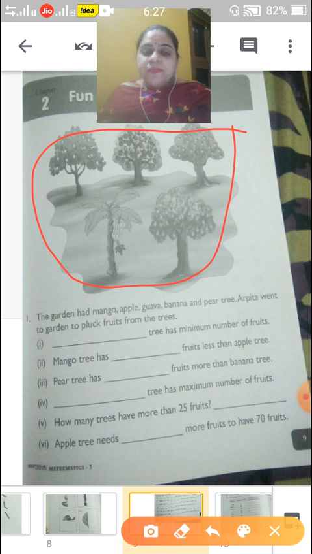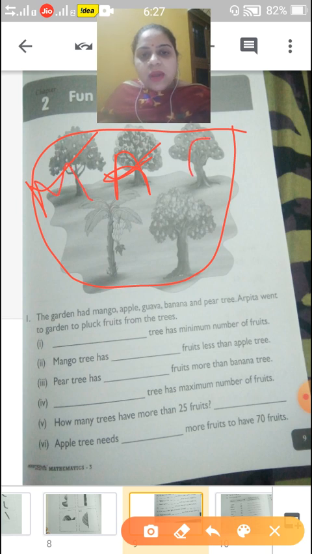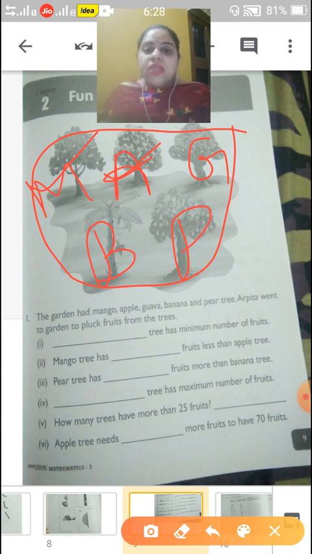So children, this is our mango tree, this is our apple tree, and this is our guava tree, this is our banana tree, and children, this is our pear tree. So children, there are 5 trees in the garden and we are having 5 fruits. Okay, so children, now we have to recognize what numbers of fruits are on the trees.